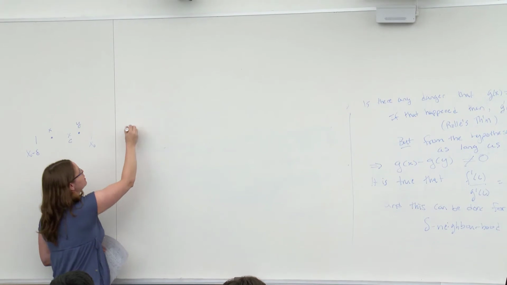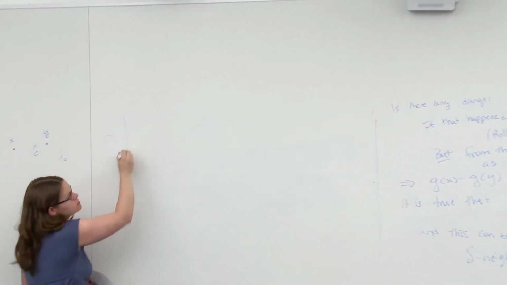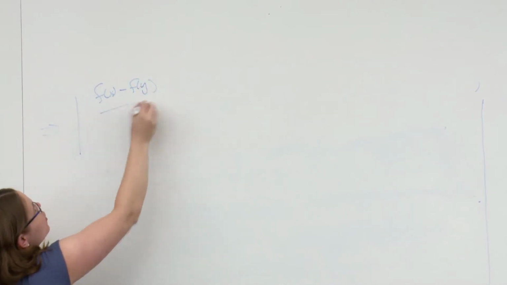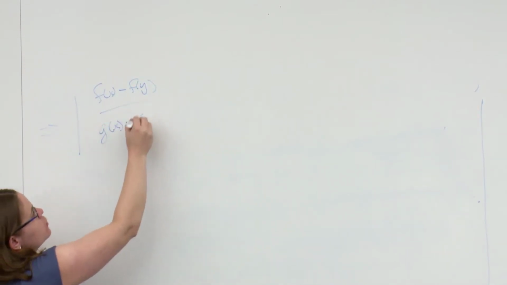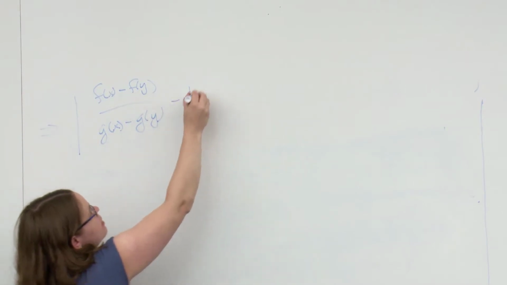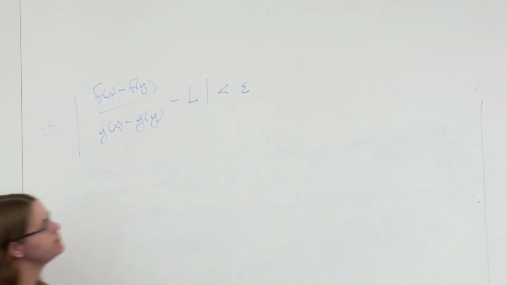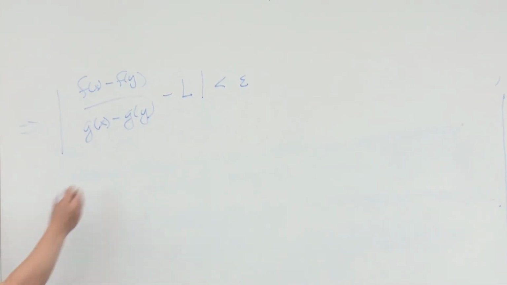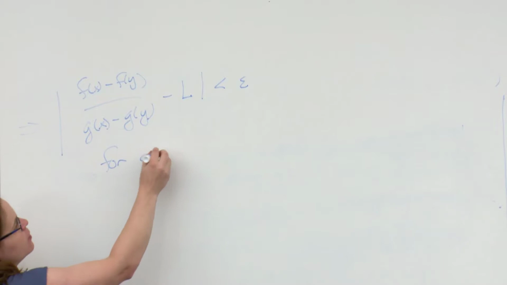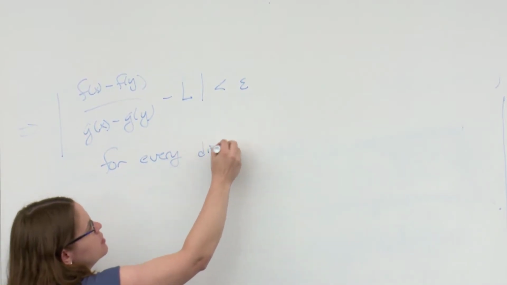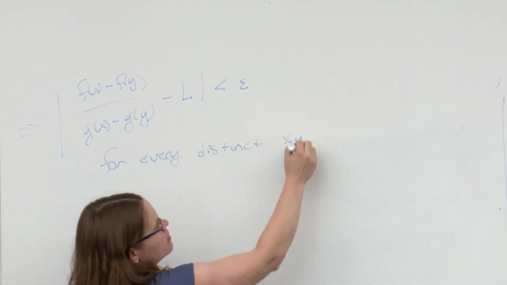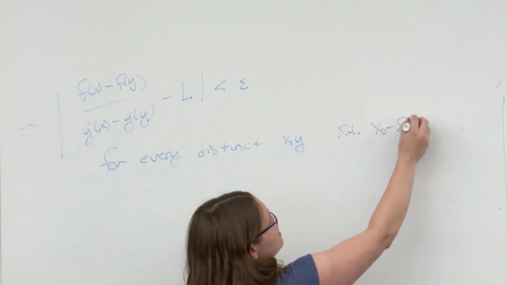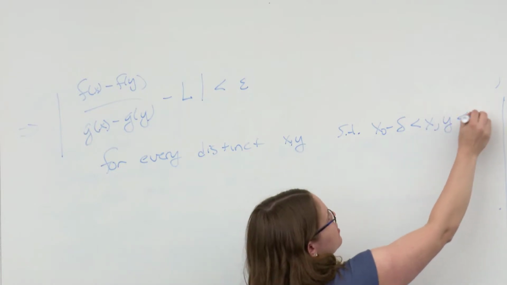Okay, so this means that the absolute value of f of x minus f of y over g of x minus g of y minus L is less than epsilon. Okay, and again, this works for every distinct x, y such that x naught minus delta is less than x and y is less than x naught.